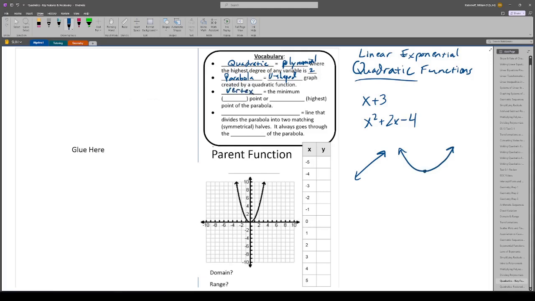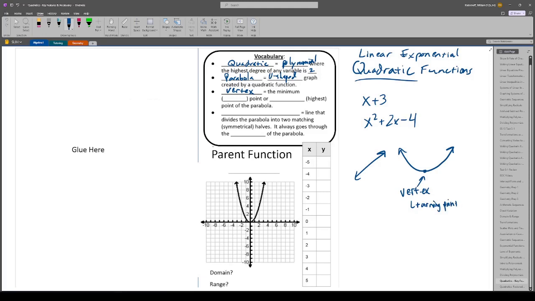Vertex is this point right here where the graph turns around. The root word vert in vertex literally means to turn. So invert or convert or even vertical all have that same kind of root word that has to do with turning something. So this is a literal turning point within the graph.